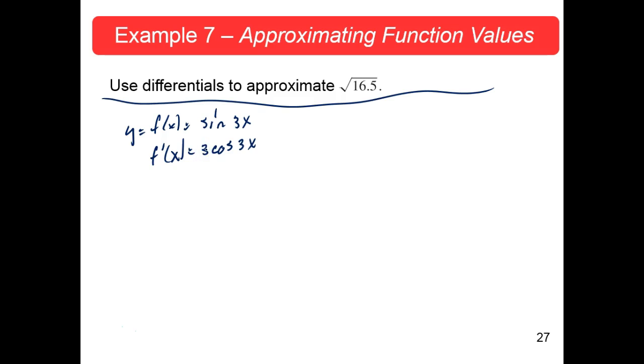Now, why they did that step first is beyond me. It seems like to me you could have jumped right to the differential. dy is equal to, forget about f of x, cosine 3x times 3 dx. So I don't know why they did the middle step.